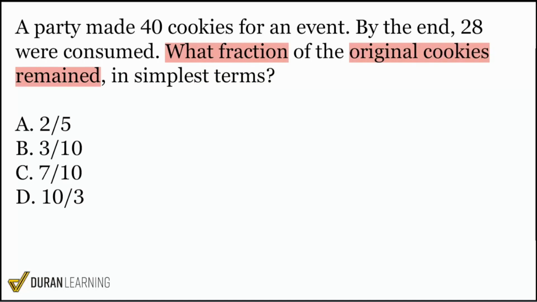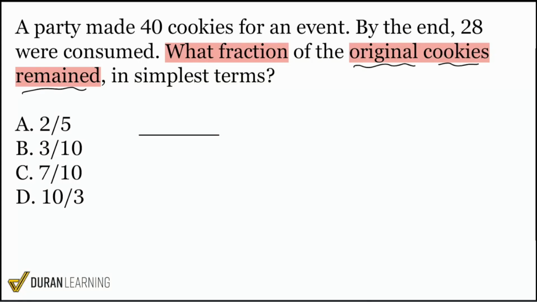So here's what this is asking us to do, everyone. Just based off of these red highlights, what is the F word that we went ahead and highlighted? Go ahead and repeat that for me, whether it's out loud or in the chat box. What is it that they're trying to have us write? They want us to end up here writing a fraction, okay? That's what they want. And what this fraction is going to represent is the fraction of the original cookies that remained.